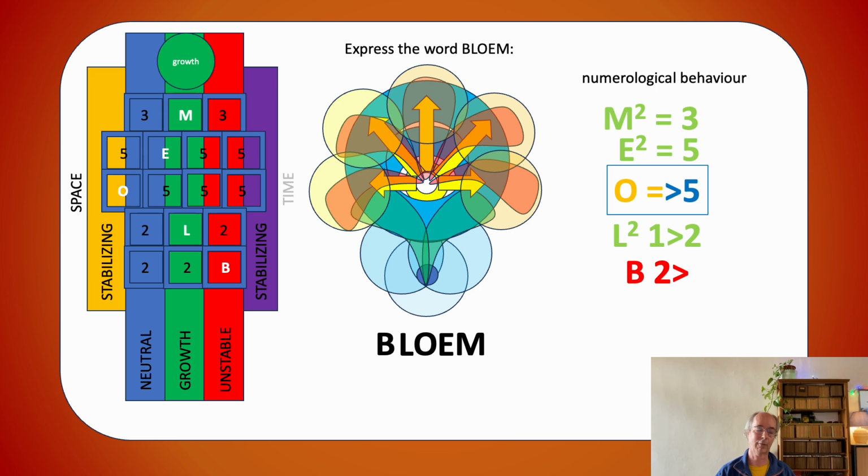So what do we have after the unstable situation, where something grows out? The next position is it searches a stabilization in space. It is related with anything that can happen there in space. It's expressed with the letter O, as you can see.